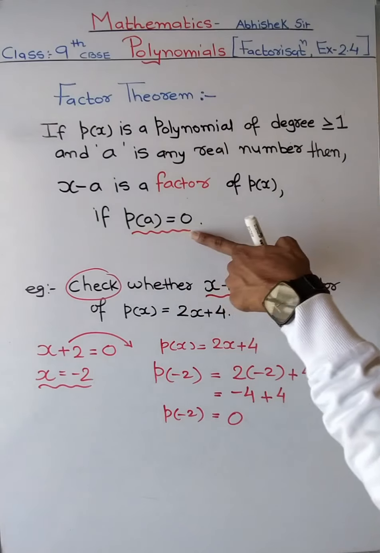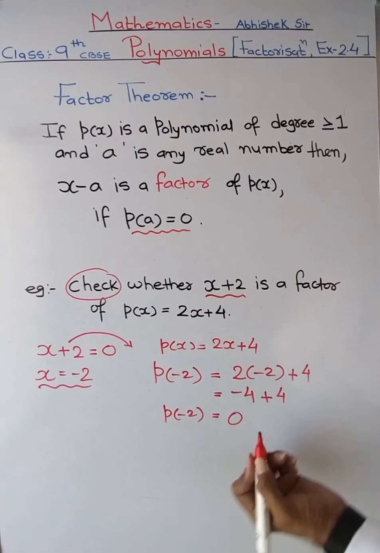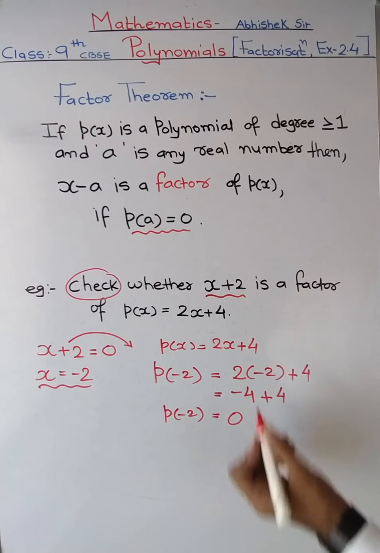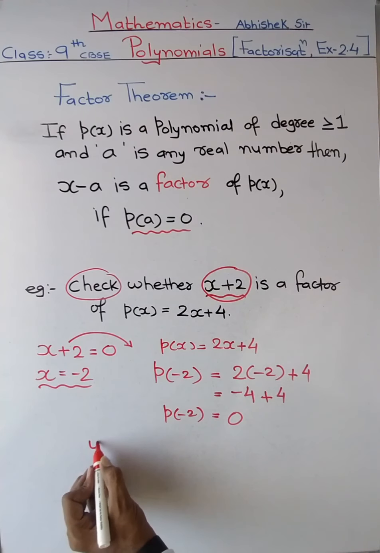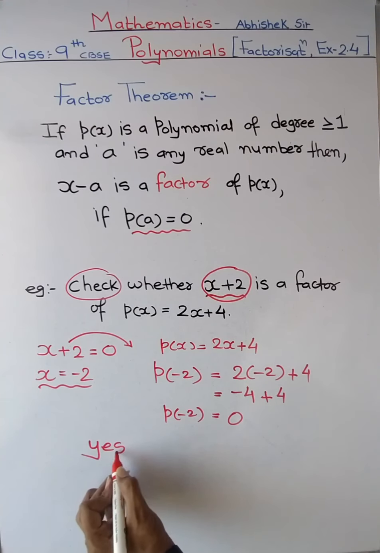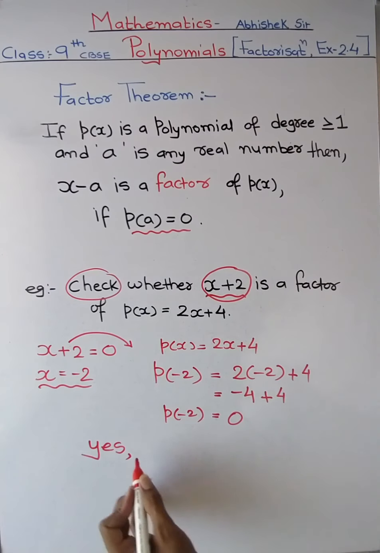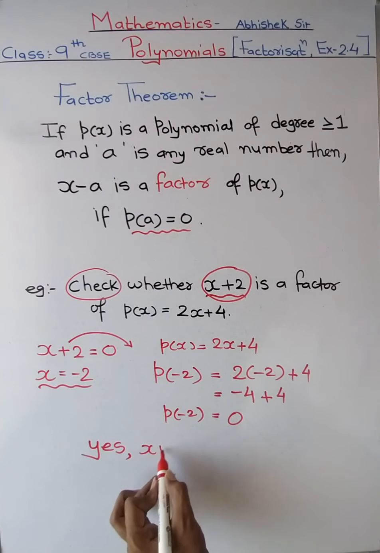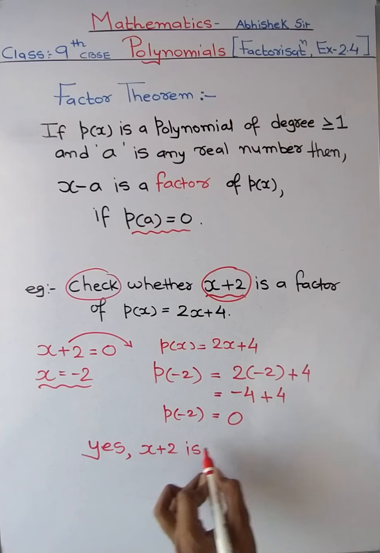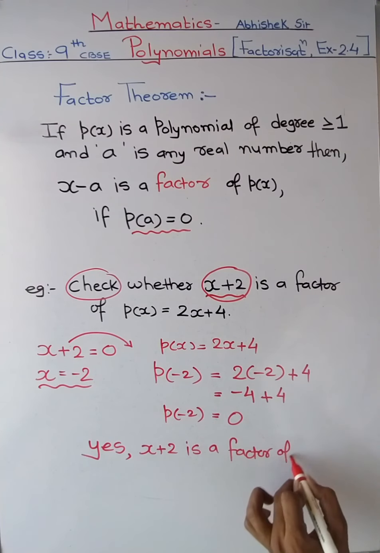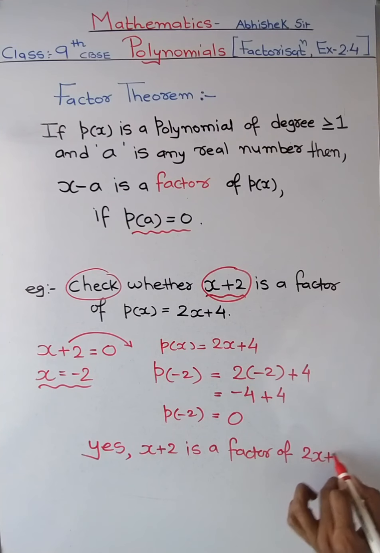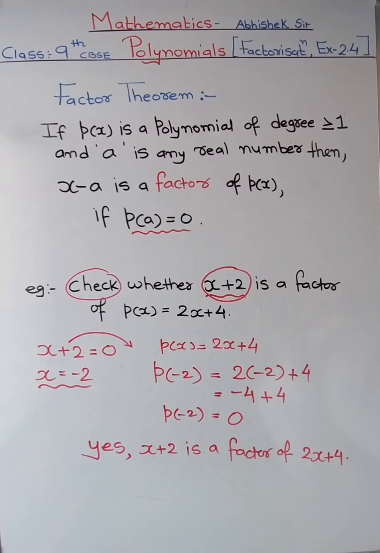P of a becomes 0. So if p of minus 2 is 0, then x plus 2 is the factor. So if they are asking check, answer might be yes or no. So you will write yes, x plus 2 is a factor of 2x plus 4. Clear? So this is how they might ask the question.